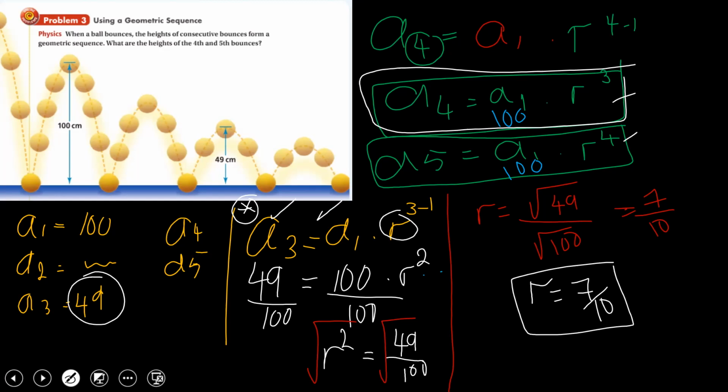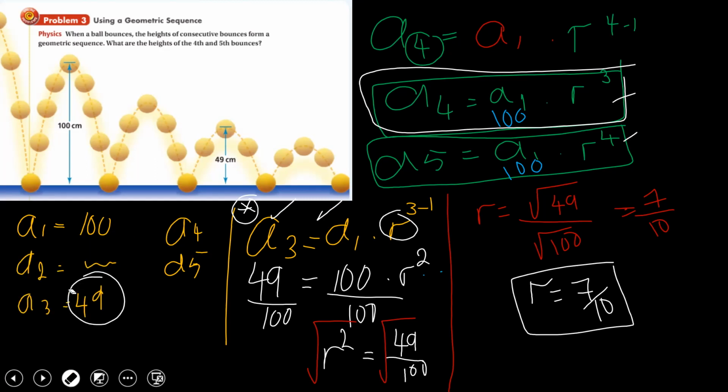This is r squared. I want only r. So I can take the square root of each term, and I will have 7 over 10. So r will be 7 over 10. This will be our ratio.